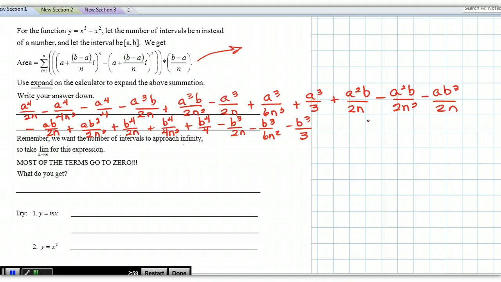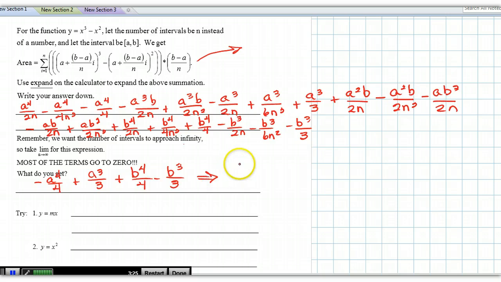Now as n goes to infinity, you should notice that every term that has an n in the denominator will go to 0. After you simplify this, you get minus a to the fourth over 4 plus a cubed over 3 plus b to the fourth over 4 minus b cubed over 3.